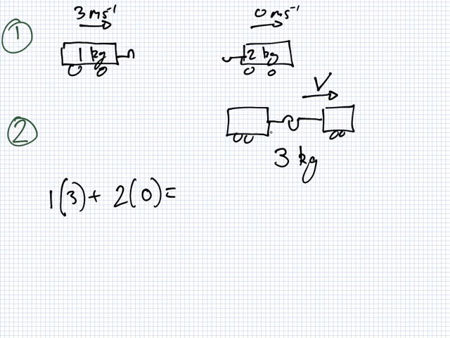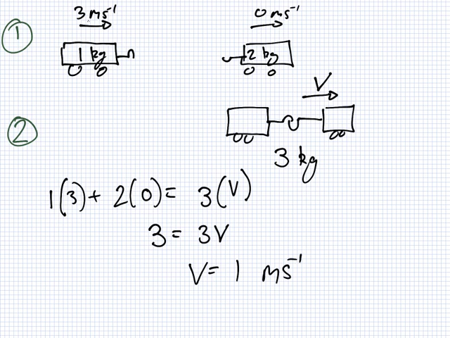Okay, so then we only have one thing here: M1 V1. So what's M1? 3. And V1? So we get 3 equals 3V. So V is 1 meter per second. Before the collision it was going at 3, and afterwards they're both going at 1. That makes sense? So that's part A.